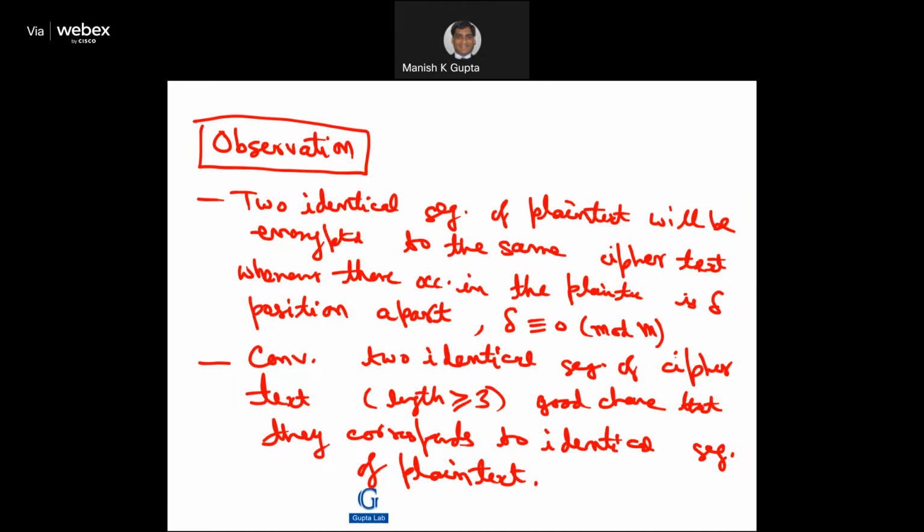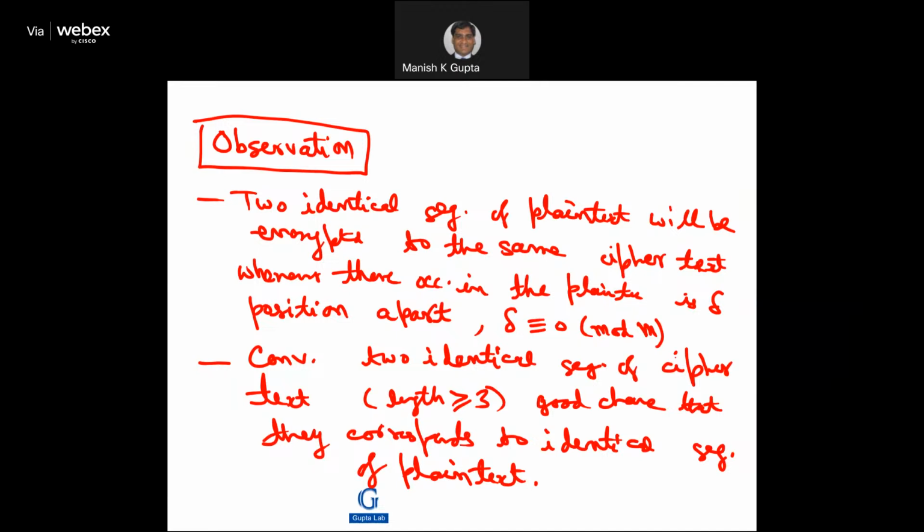If they are delta distance apart in the plain text, the same distance will occur in the cipher text as well. That distance will be fixed, so that means delta should be a multiple of m, obviously, since it will repeat.